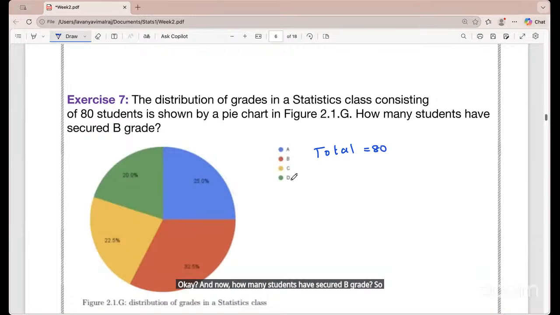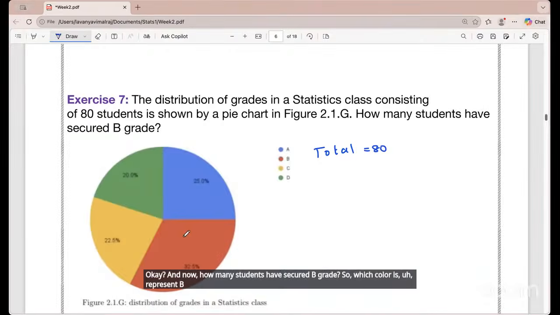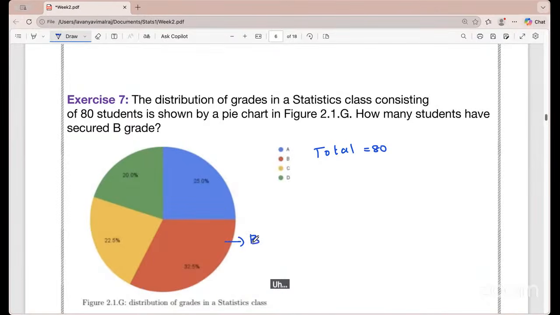So which color represents B grade? This one is representing 32.5%. So B grade is 32.5%. So 32.5 is coming from the total of 80 students.